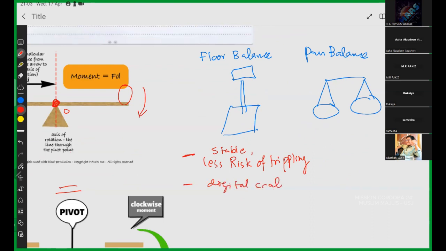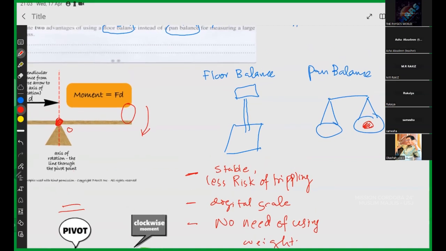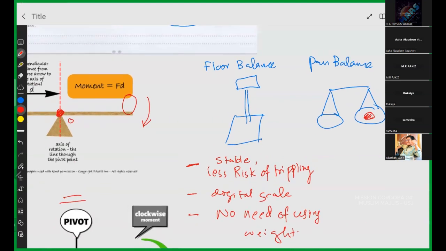That's another advantage. That digital scale is absent here. For this, if you want to balance something and get the mass, you have to use weights, 1 kilogram weight, 500 gram weights, those stone-like things. But here, there's no need of using weights. Is it clear?